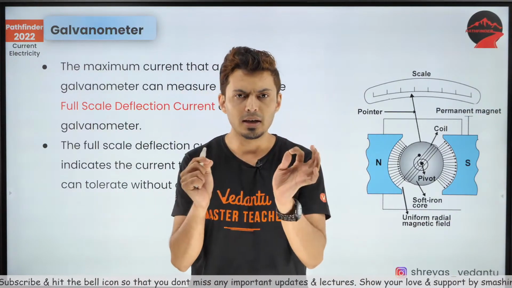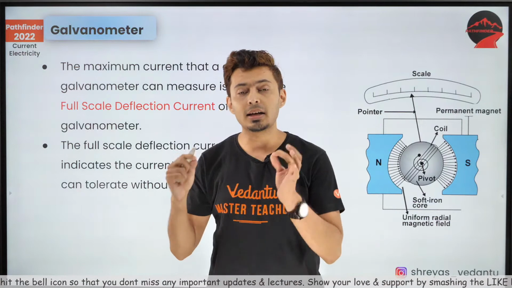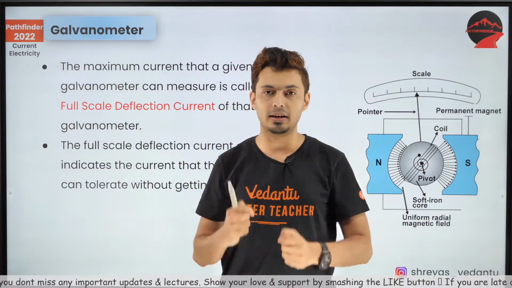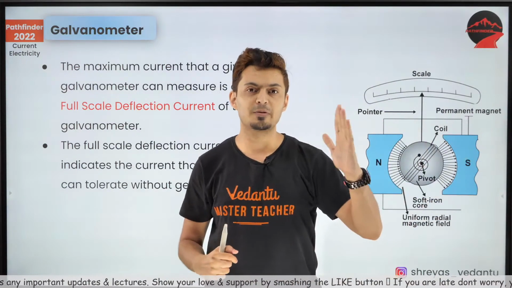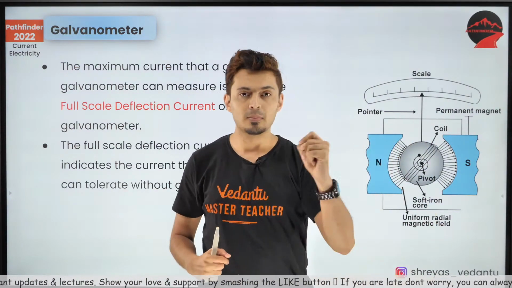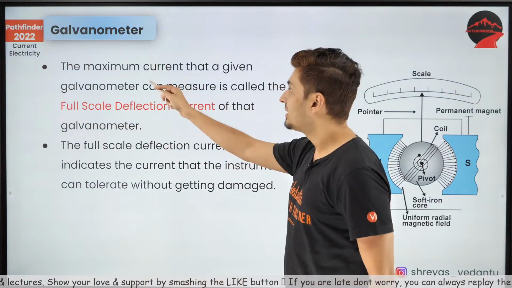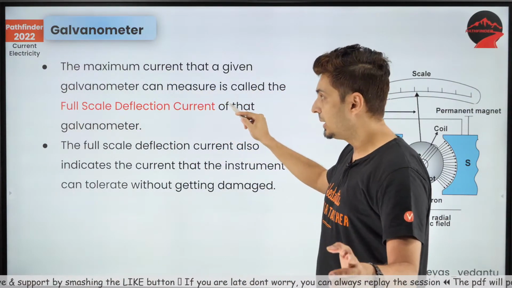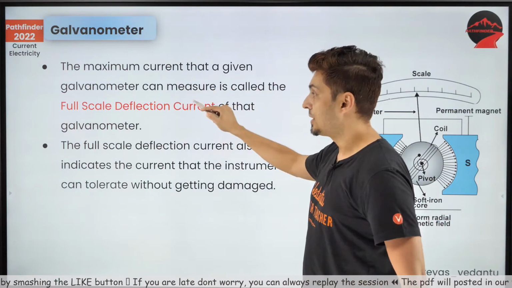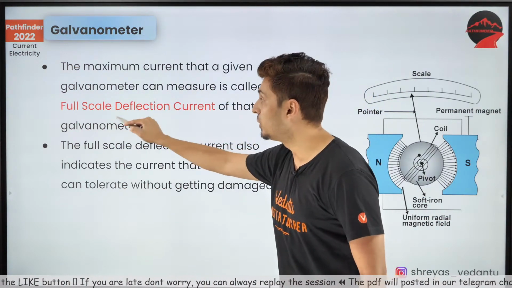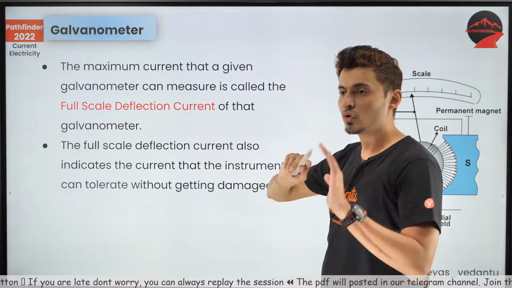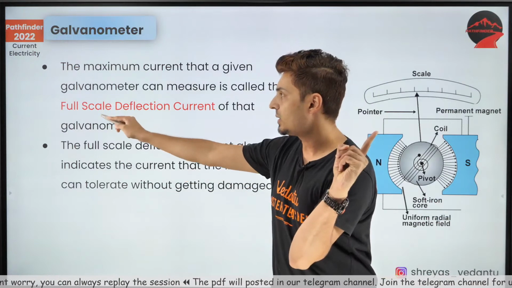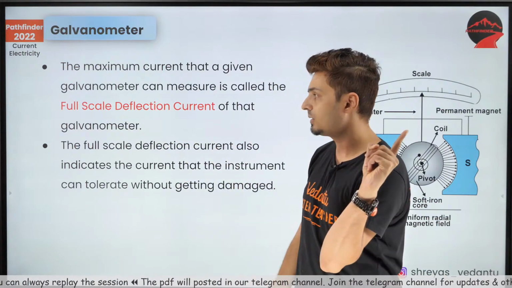Each coil has some resistance and it might get burnt if the current exceeds that value, or the needle itself might break if it goes beyond that particular point. So this is called the maximum current which can flow through the galvanometer, and that current is also called the full scale deflection current. Full scale, as in the needle has gone till the extreme point. That's why it's called the full scale deflection current of the galvanometer.